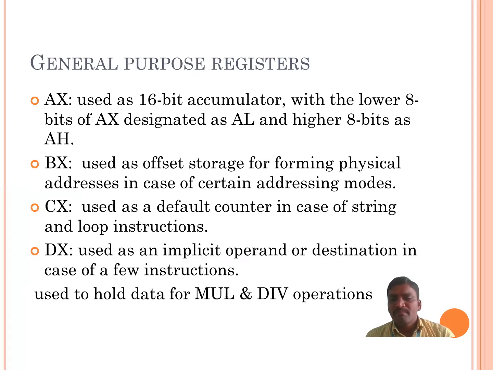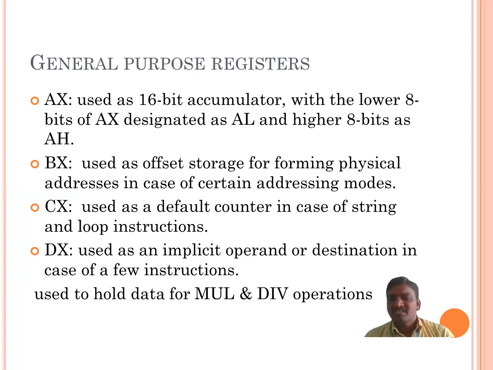And one more use of the BX register is that it is used to store the offset address of the memory location. So for that purpose also we are using the BX register. The BX register is also a 16-bit register. It is also available as two 8-bit registers. One is BL, the other one is BH.